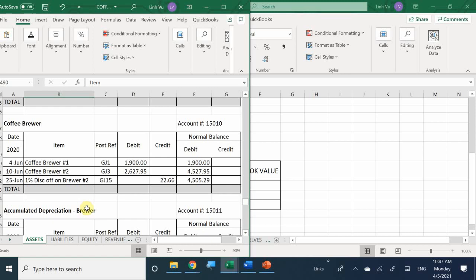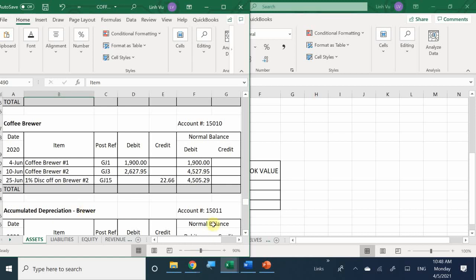Okay. That's what we originally purchased it for. But we paid the vendor, and we got a 1% discount. So did we actually pay $27.95 for it? No. What did we pay?